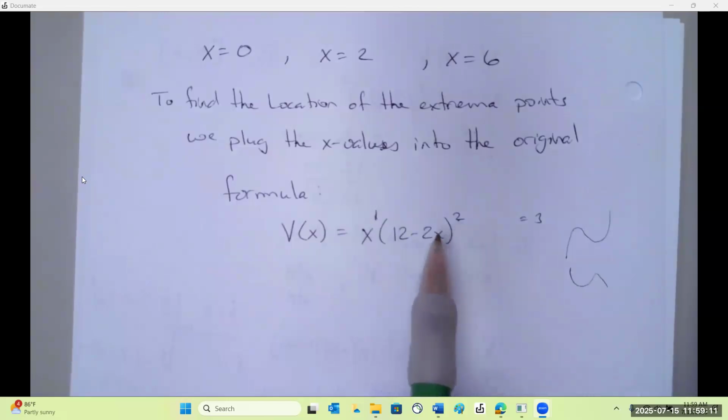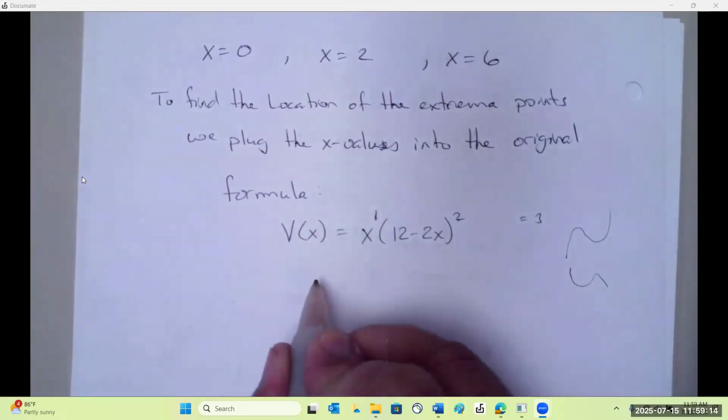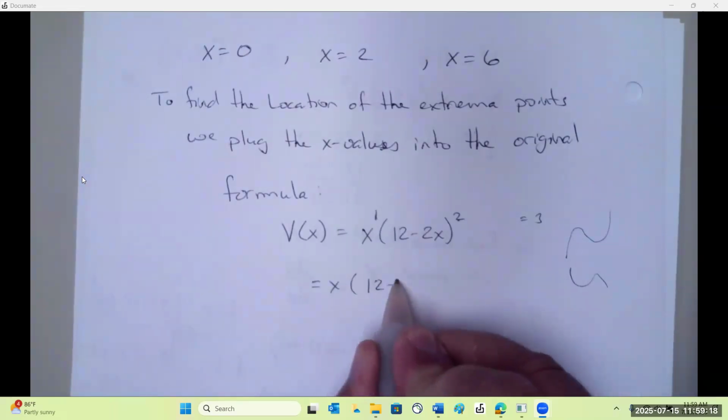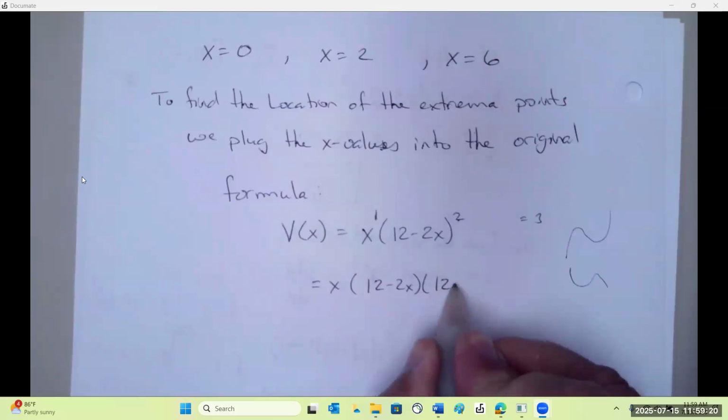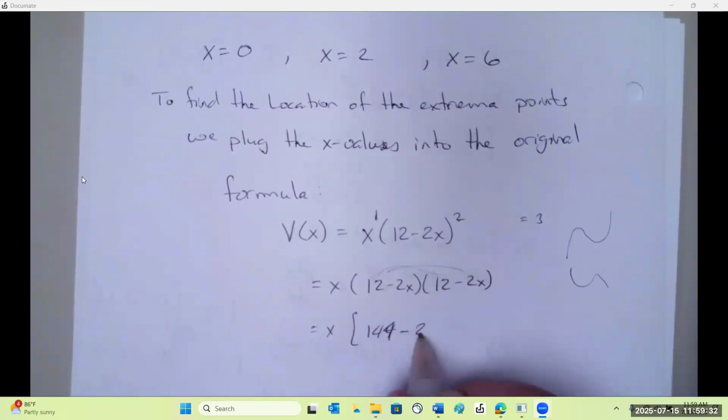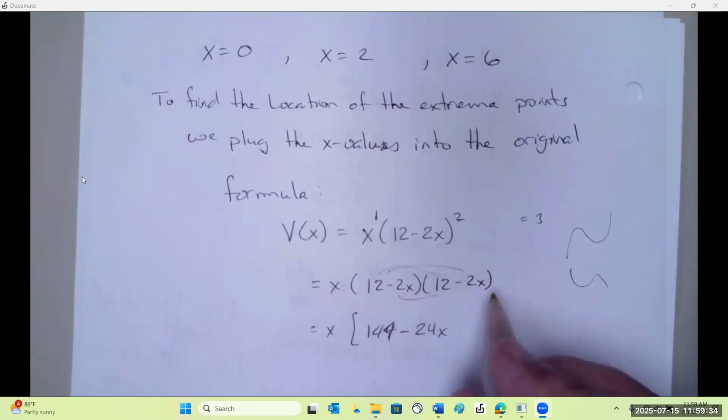When you do that, let's look at this. Twelve times 12 is 144. Negative, positive is negative. 12 times 2 is 24x minus 24x plus 4x squared.